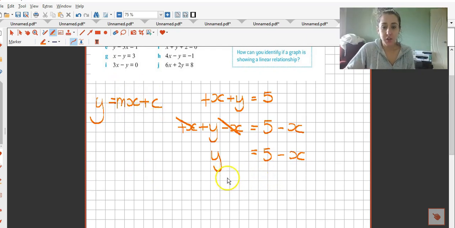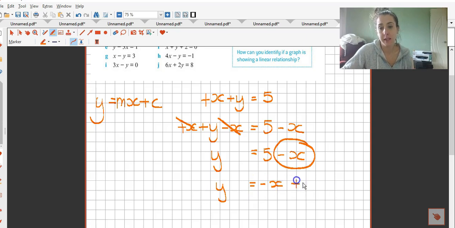If you want to make that change, it's y is equal to, now it's a negative x, remember, so we move that to the front: negative x plus 5, because you've got this imaginary positive sign here. Okay, so that's the first one.